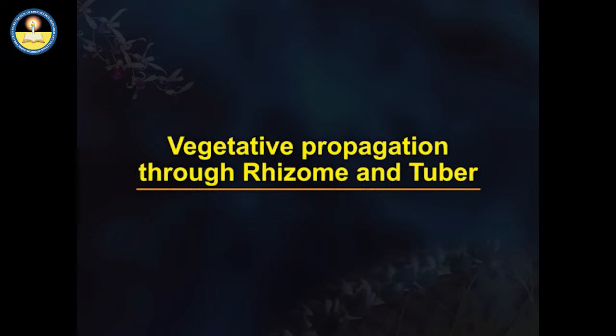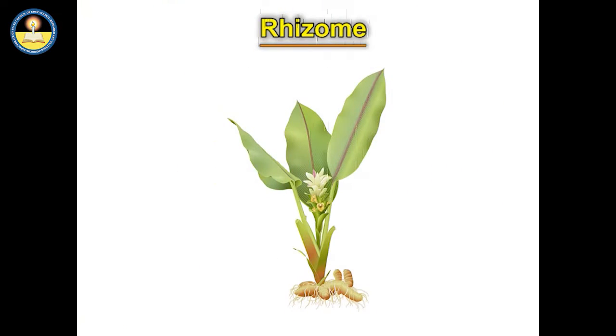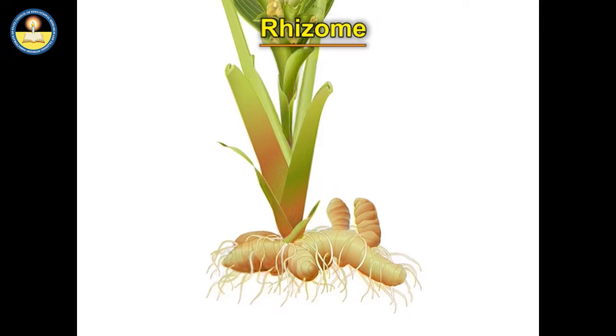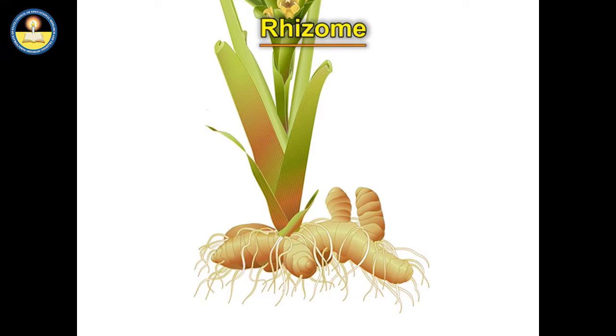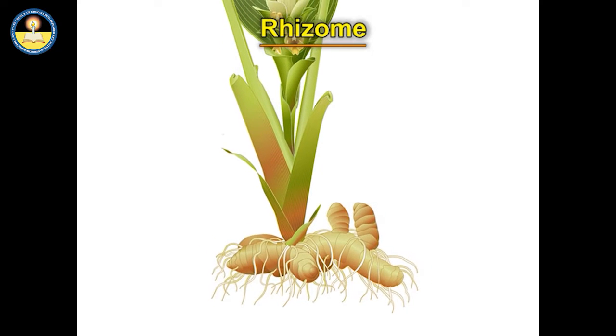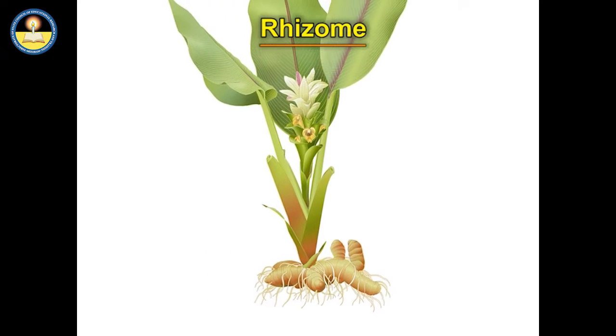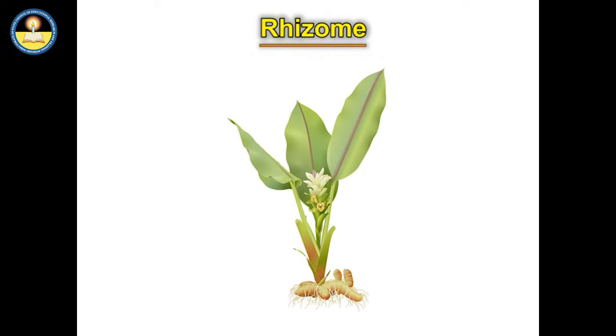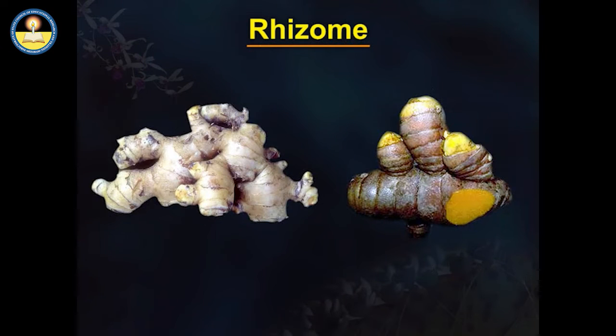Vegetative propagation through rhizome and tuber. Rhizome is a horizontally creeping underground stem with distinct nodes and internodes. They grow sideways in the soil and have a shoot with leaves. Examples of such underground stems are ginger and turmeric.